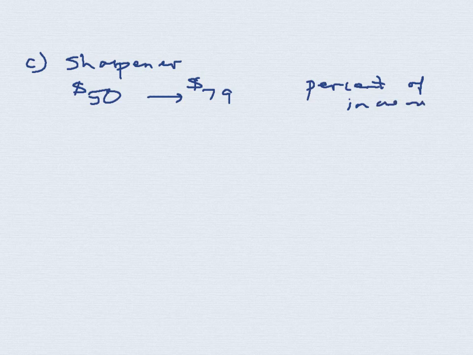Well, percent increase and percent decrease questions are solved exactly the same way, with a slightly tweaked formula. And the formula is the percent increase or decrease goes above the 100, like the percentage always does. On the left-hand side, we actually call the part the difference in value, or the difference in the number.